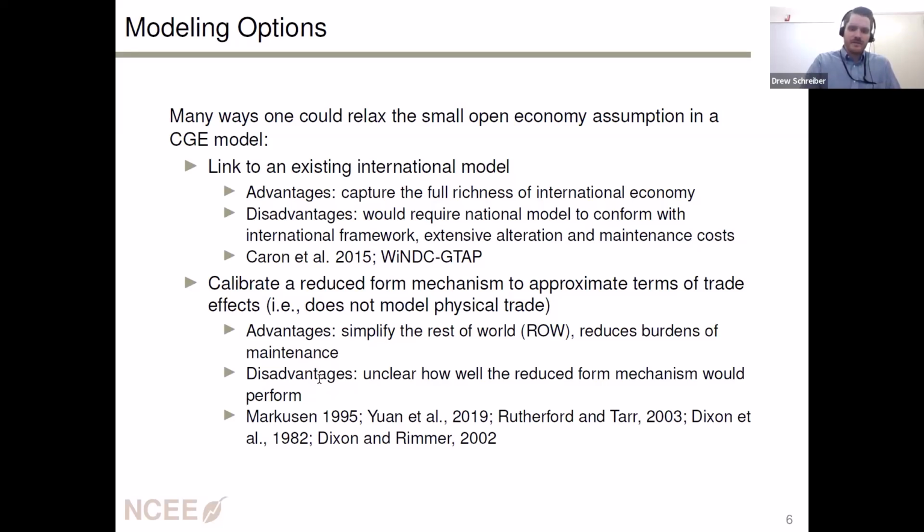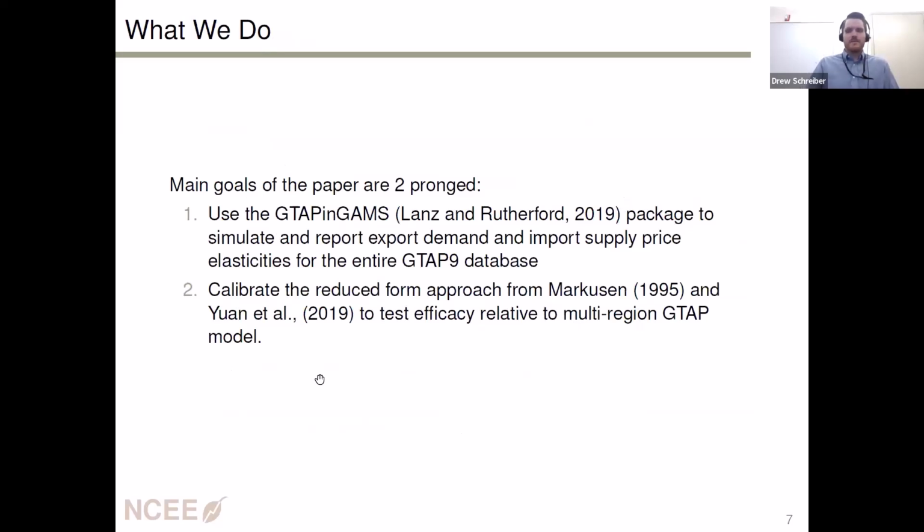And I've listed some references here that implement some sort of reduced form mechanism, but that don't necessarily answer this question about how well it performs relative to a multi-regional model. And so the main goals in this paper are really two-pronged.